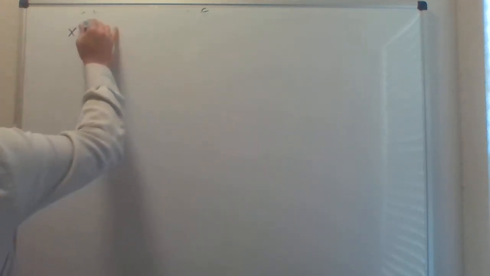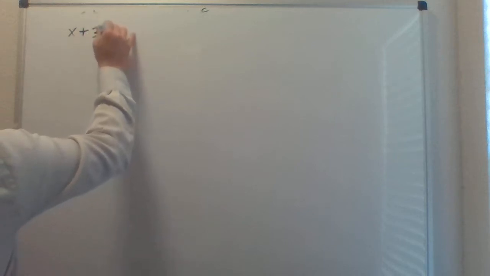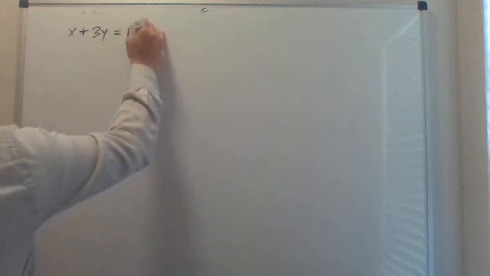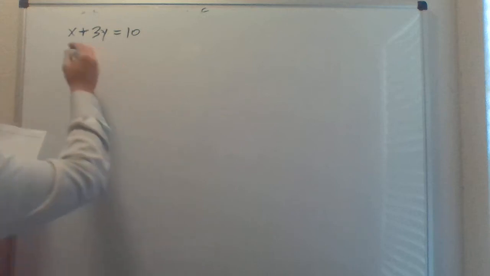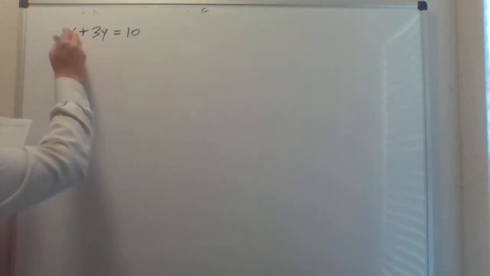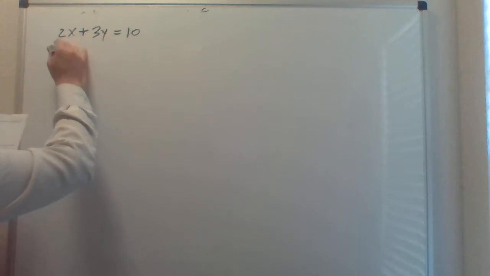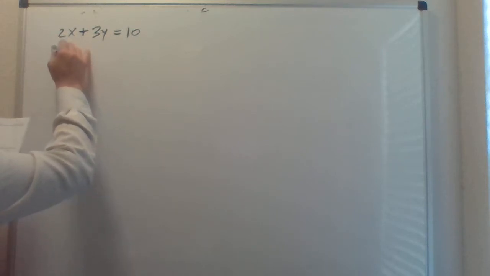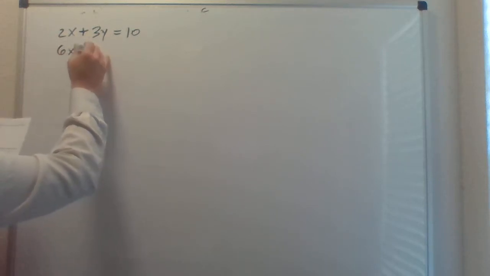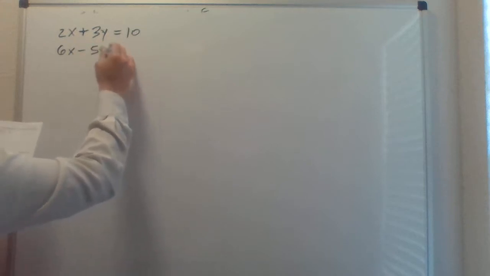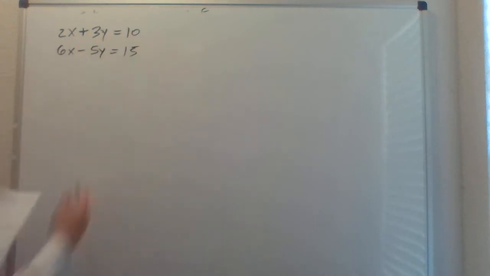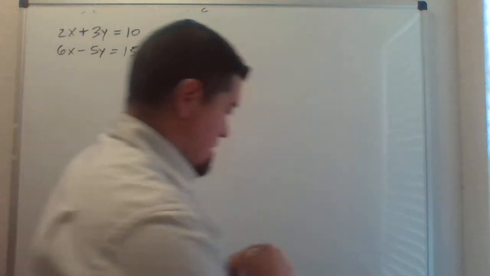I'm just going to put up some random ones to get you some ugly answers. In fact, let's make this 2. And let's make this 6x minus 5y equals 15. Okay, all right, this will be a good one.